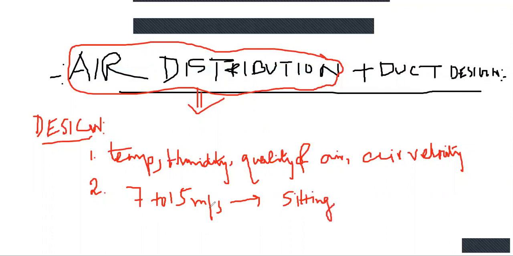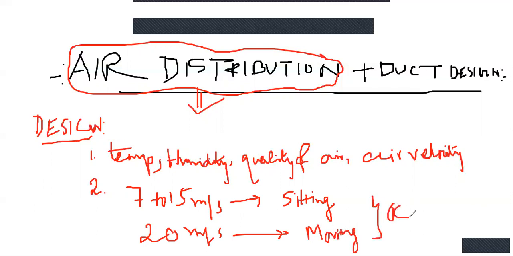While when occupants are in moving condition, then the air velocity is a maximum of around 20 meter per second. Okay, this is our second point.